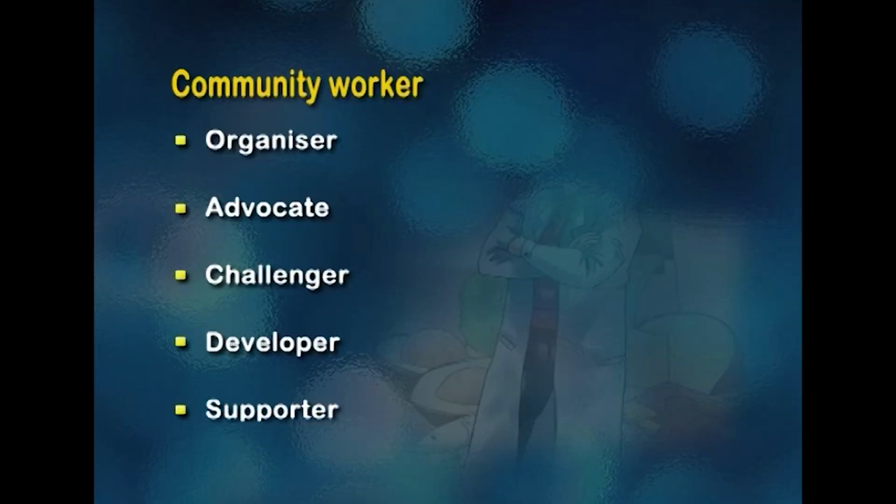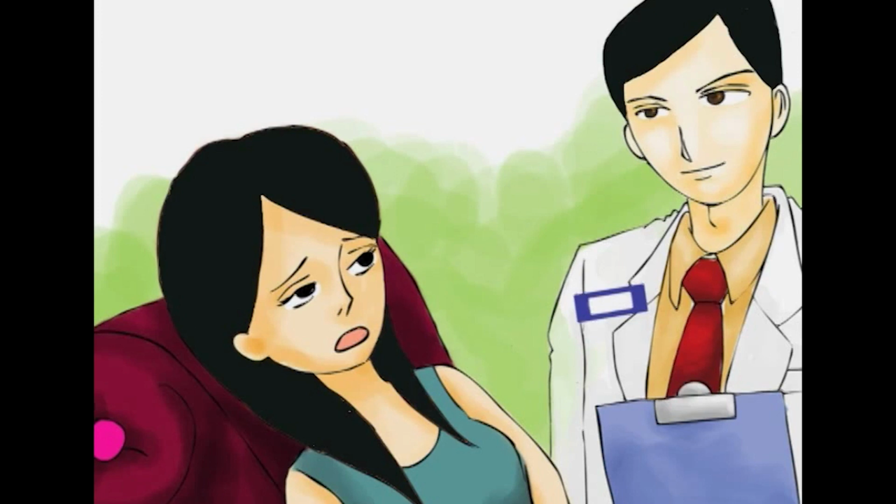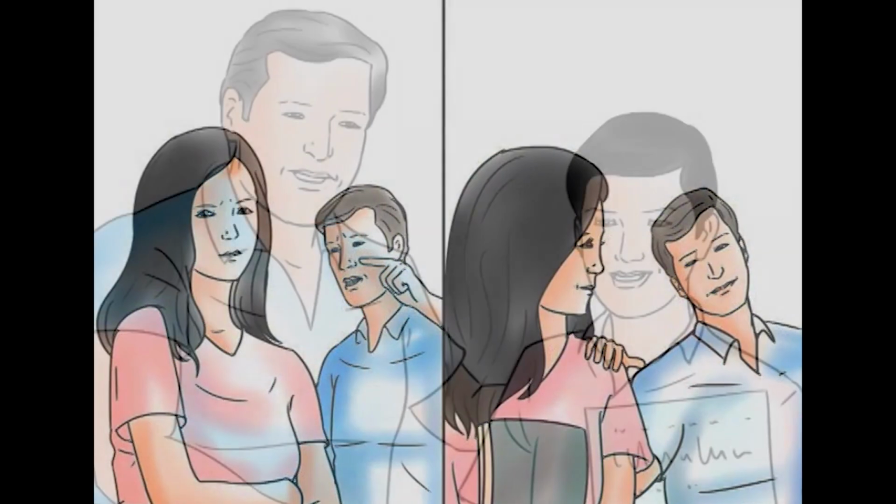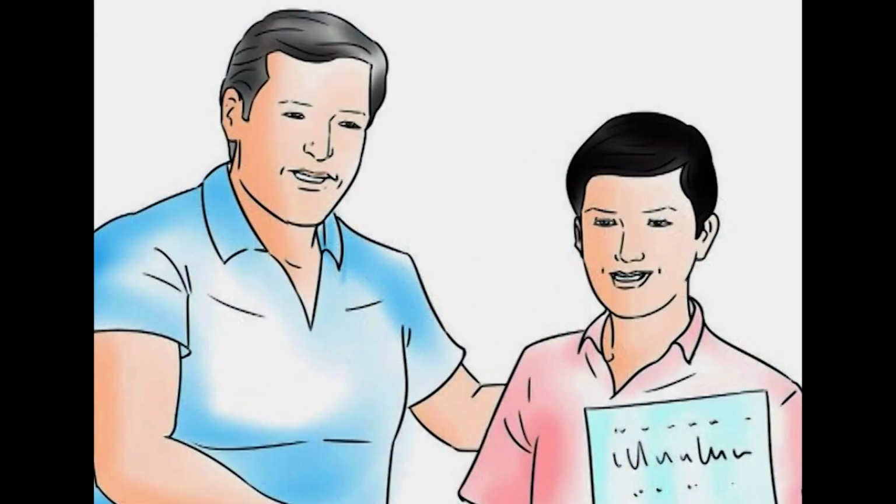The next role is that of a supporter. This role involves more interpersonal methods of working, such as counseling, advising, building self-esteem, and generally encouraging people to work through difficult situations.